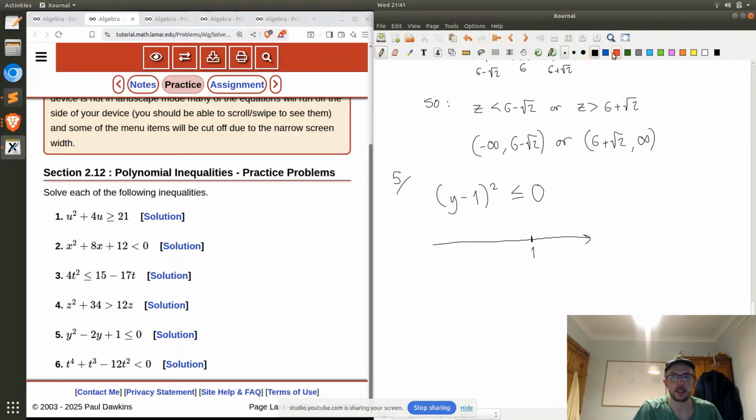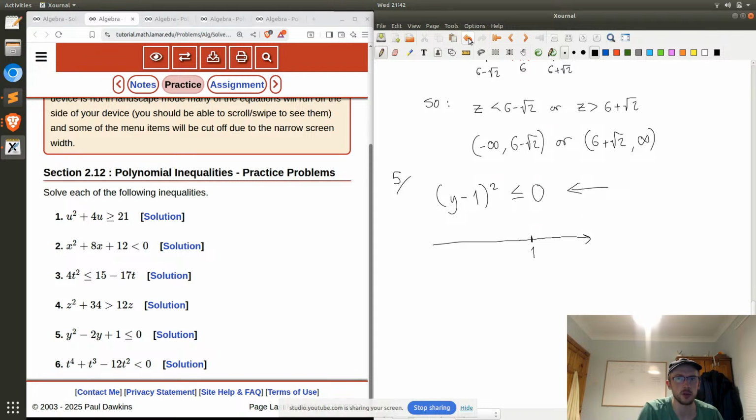You test the region on the right, and you test the region on the left. But then you think to yourself, wait a minute. I'm squaring something, and according to this, I get a number that is less than 0. Such a thing does not exist.